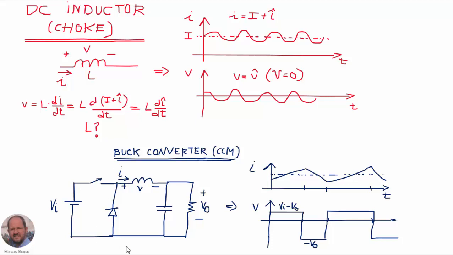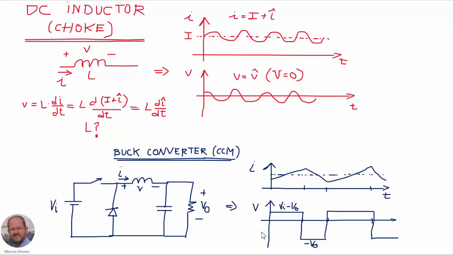We have here below an example of an application of a DC inductor in a buck converter. In the buck converter, we use this inductor here together with the output capacitor in order to filter the voltage across the output. So, as we know, the current is going to have a DC component with an AC component. In this case, the AC component is a triangular waveform like this one.